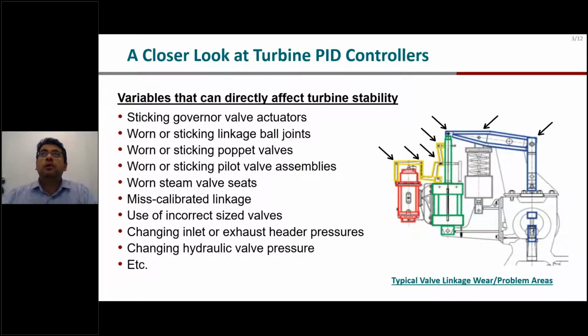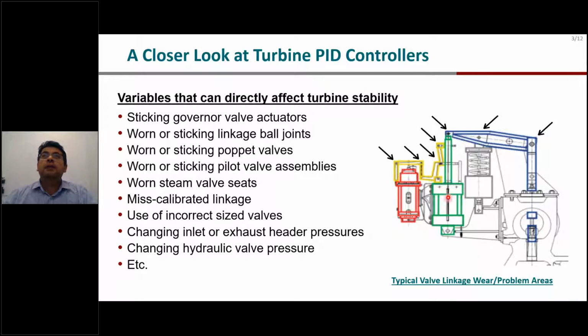Usually, as the turbine gets older, you start to have issues. This is an example of a typical steam turbine governor, where you will have an electro-hydraulic valve, then a pilot valve, and then the steam valve itself that controls the opening and closing of the steam, allowing the steam to go to the turbine.